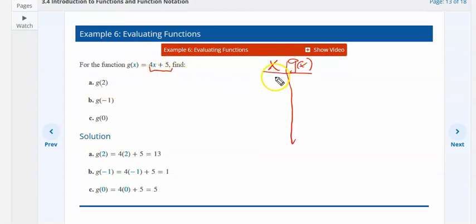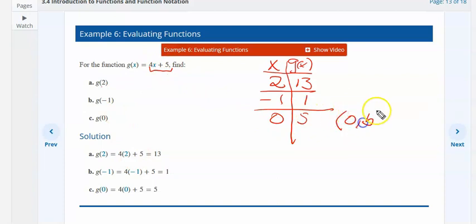And our values are 2, -1, and 0. Just putting that into this is pretty straightforward. Here would be a 13, here would be a 1. And if x is 0 here, this is going to be a 5. Remember, this is your y-intercept, 0, comma, b. Little review.